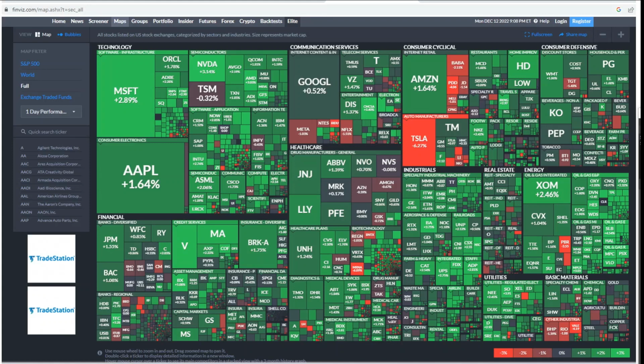So we see here how Apple, compared to Microsoft, seems to be a little bit bigger. Here we see red and green colors. This shows us how the market performed the past day. You can find this graphic by yourself by searching stock market map on the internet.